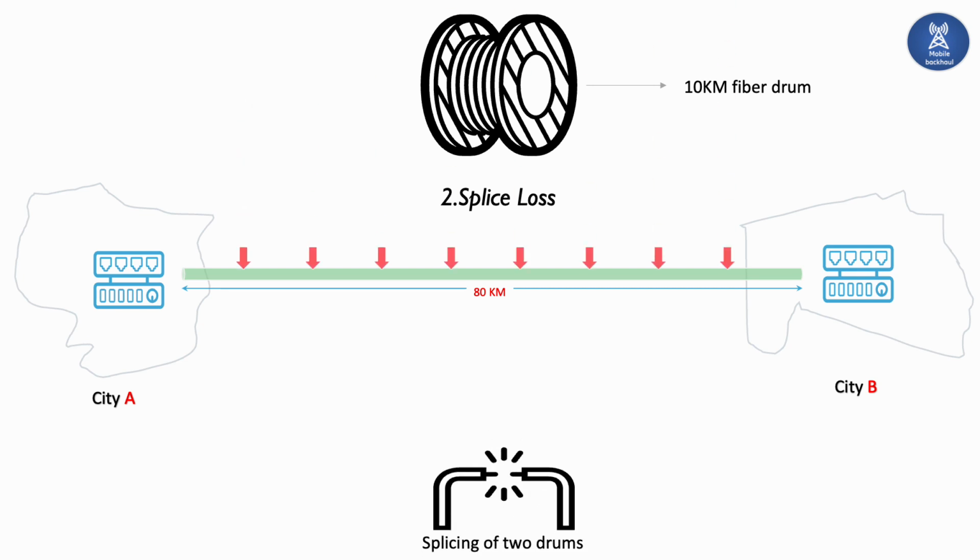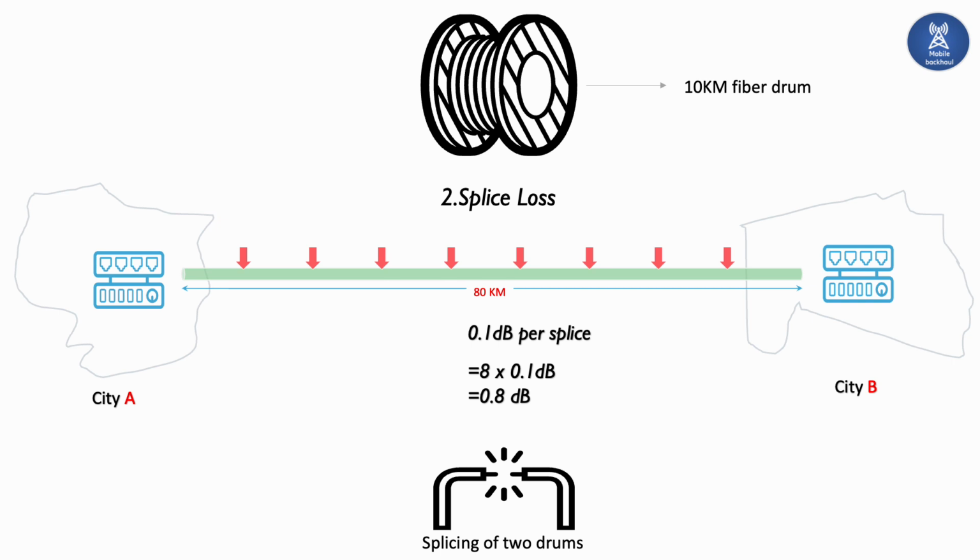So how are we going to connect all these different drums? We need to do the splicing, that is called arc splicing. Whenever you are doing splicing, we are going to lose power. For example, in this case, we are losing 0.1 dB for each splice. How can we measure this splice loss? We can do it in the splicing machine itself.